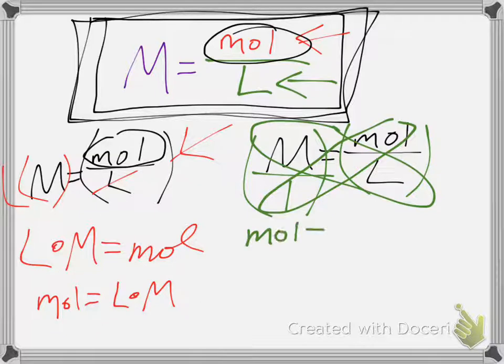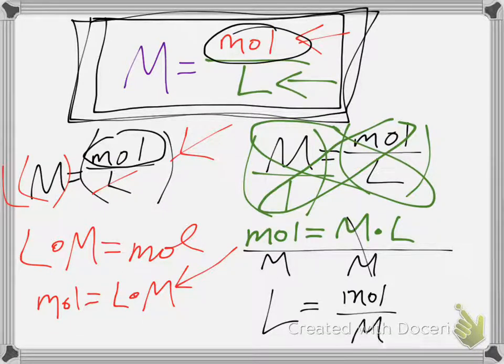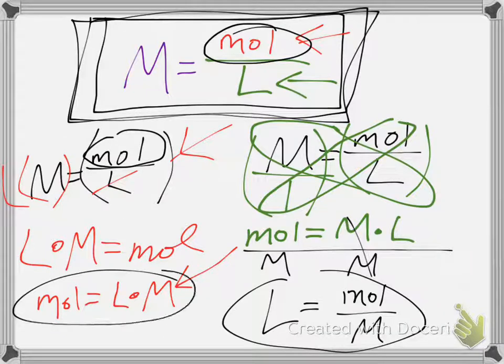So moles equals molarity times liters. Look at that. It's the same thing as here. So let's get liters by itself by dividing both sides by molarity. So liters equals moles divided by molarity. So I have 2 new equations, and that might help us out. So let's get back to actual examples.